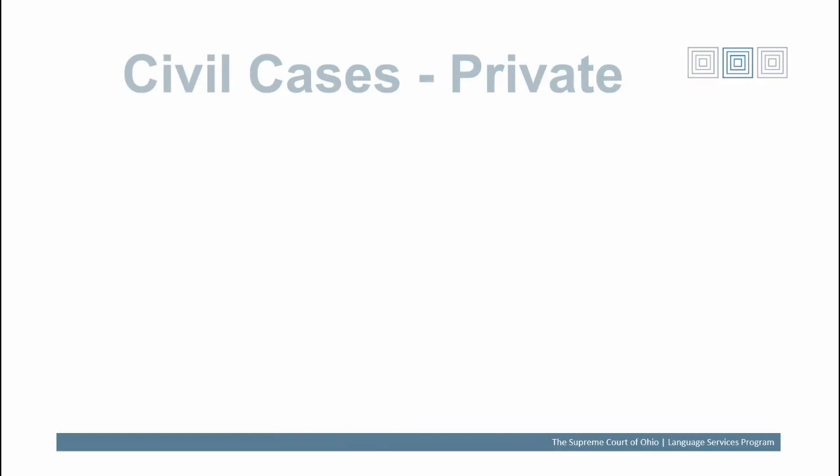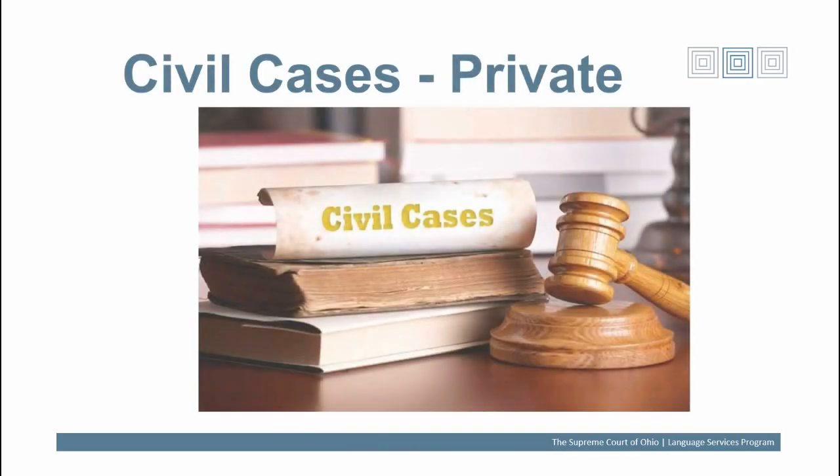Private cases are brought by one person, the plaintiff, against another person or entity, defendant or respondent. The punishment is usually money or doing or not doing something. No prison or jail time.